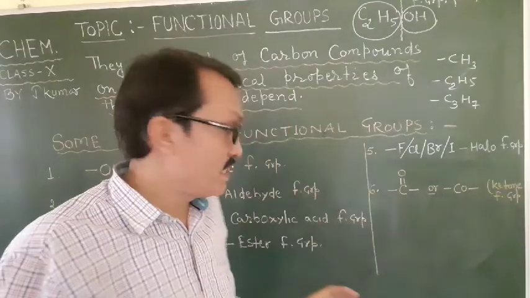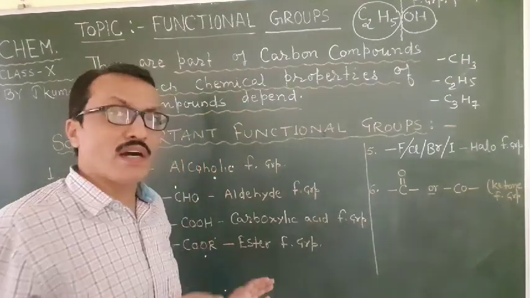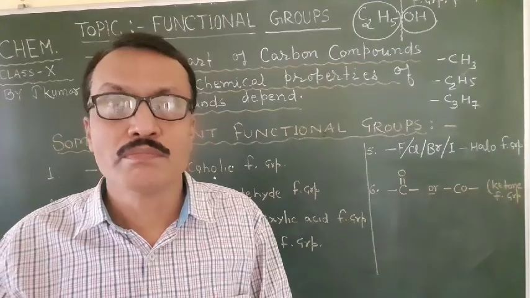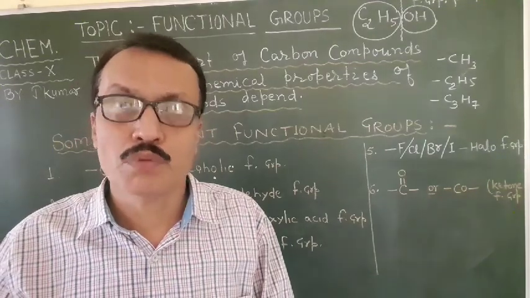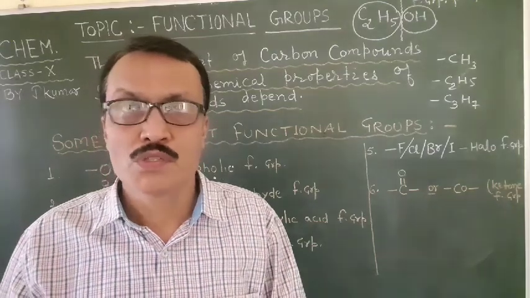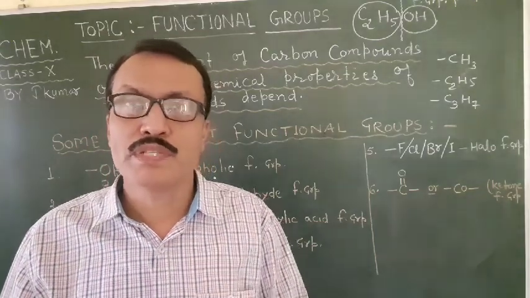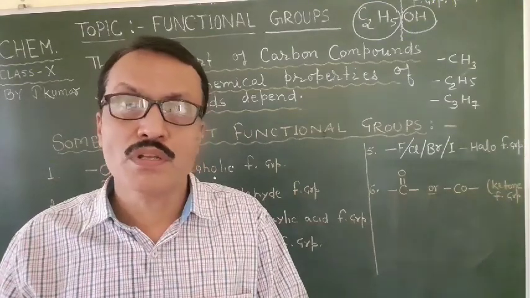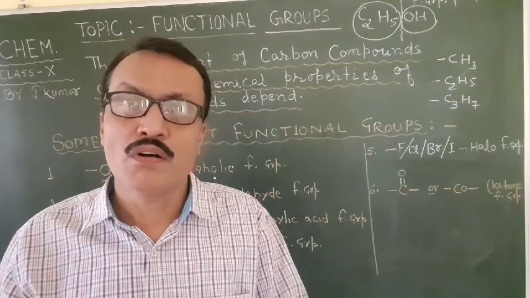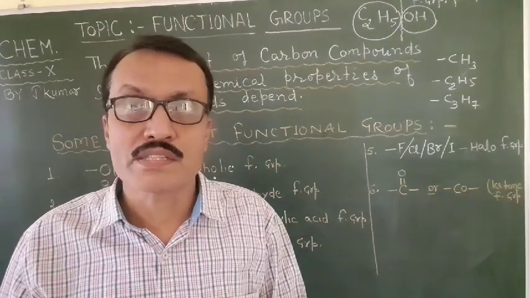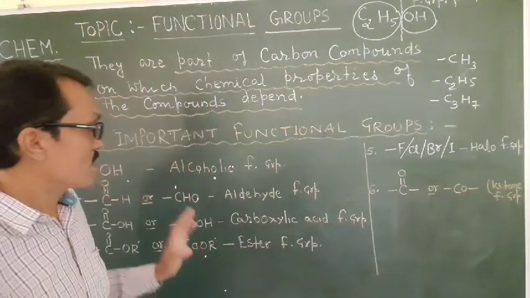So students, in place of R dash here, there may be a methyl group, maybe an ethyl group, propyl group, butyl group, and so on. So students, you have to keep in your mind the formula of the ester group is COOR dash. COOR dash. Okay.